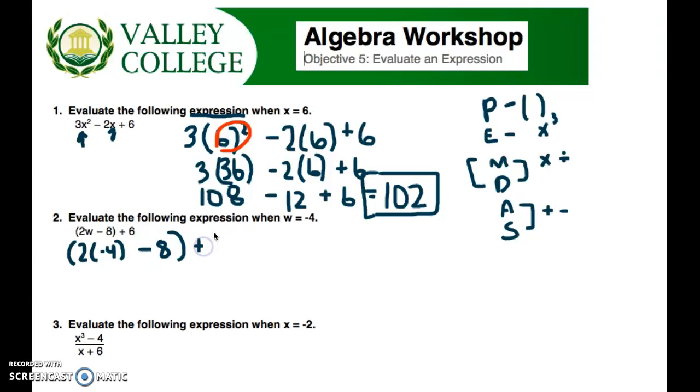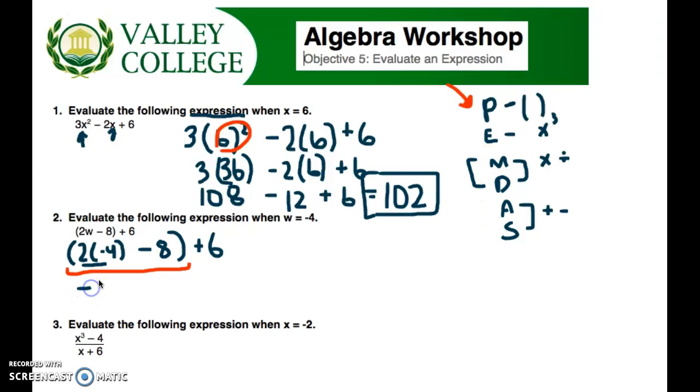So going back to our orders of operation over here, I want to always be doing parentheses first. So notice I have a big set of parentheses right here. And that's where I look. I always look on the inside of those guys. And on the inside there, I've got a multiplication with my 2 and my 4, and then I've got an addition subtraction. So going back to my order of operations again, I always multiply before I add or subtract.